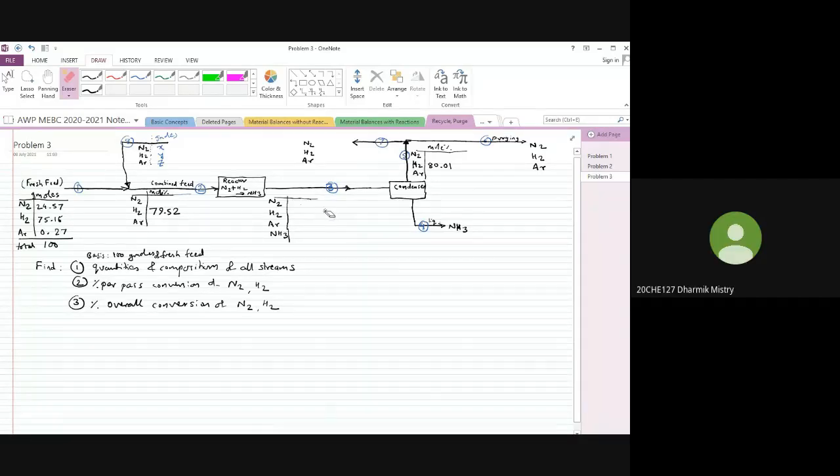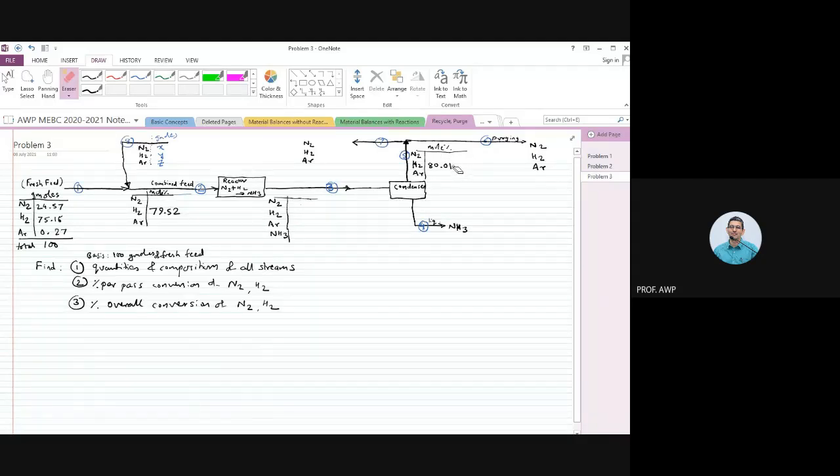Okay, sir. Then you can write stream 3, stream 4, stream 5, stream 6, stream 7. Use the data that in the combined feed hydrogen is 79.52 mole percent.